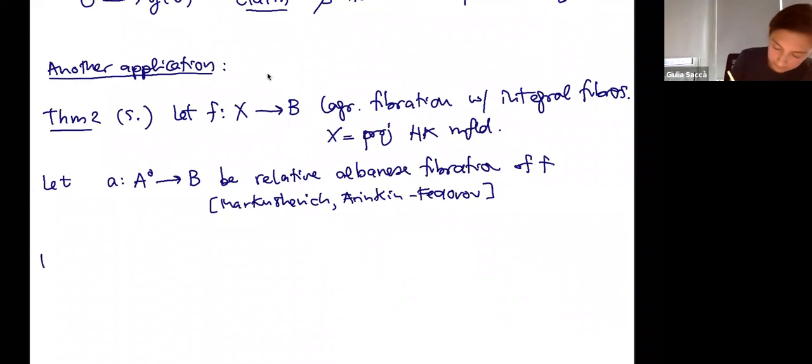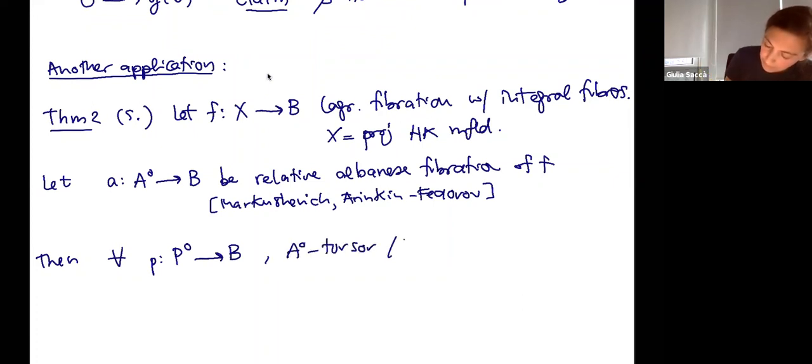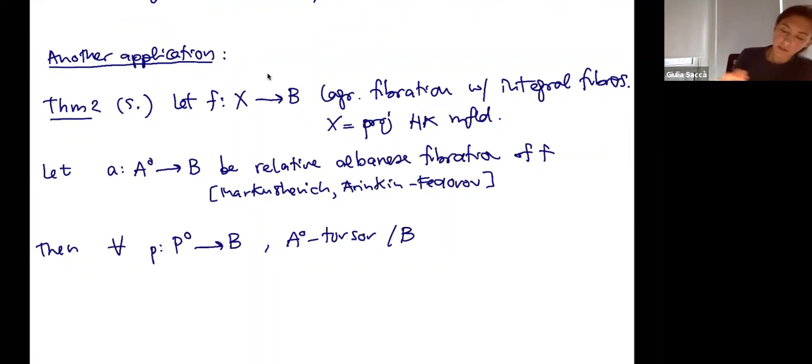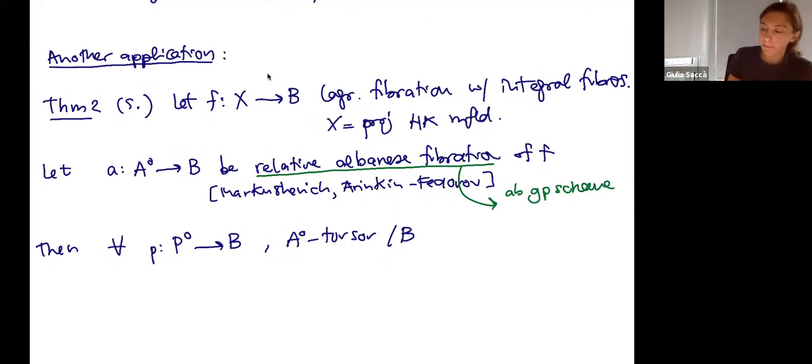Then for any P0 to B, an A0-torsor over B. So maybe actually I should say, before going ahead, what the Albanese fibration is. It's an abelian group scheme. In particular, it has a section which acts on X.